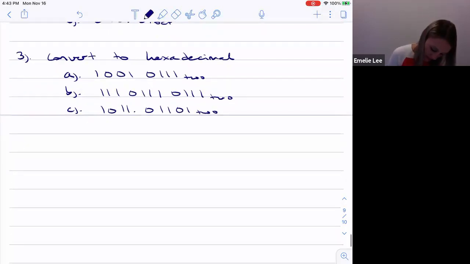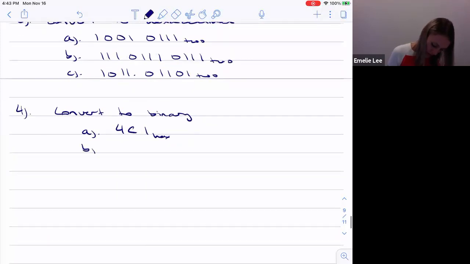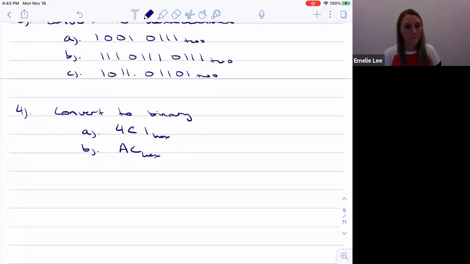And finally, convert to binary: 4C1 hex and AC hex. Okay.